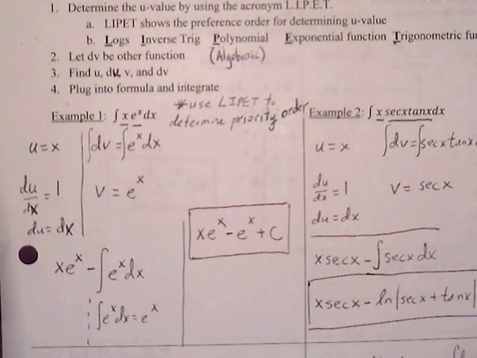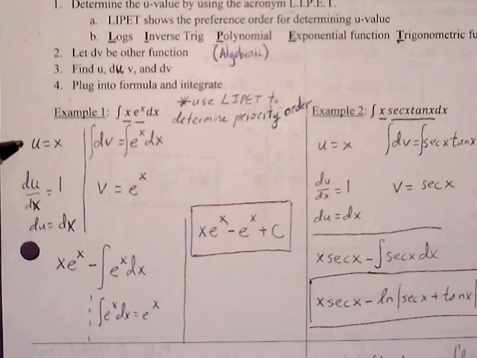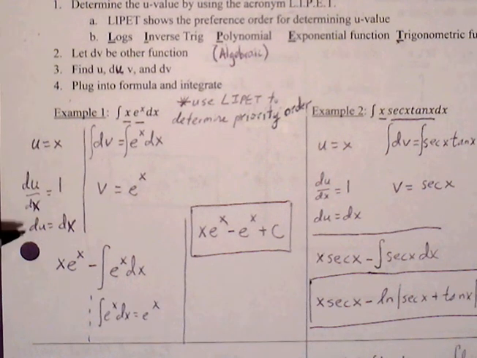Our next step is to find du and v. To get from u to du, we use the derivative process. The derivative of x is 1, and this is really du over dx, so I move dx to the right side, and therefore du is equal to dx.